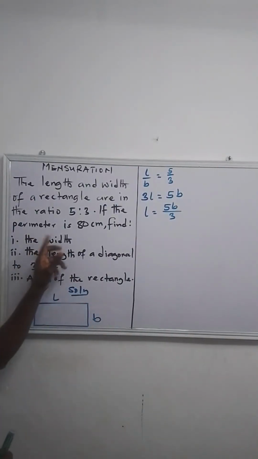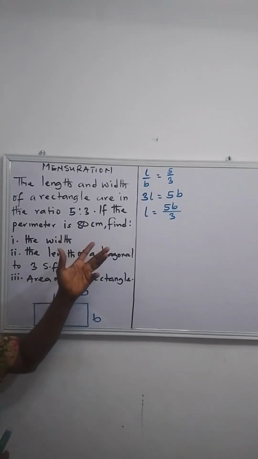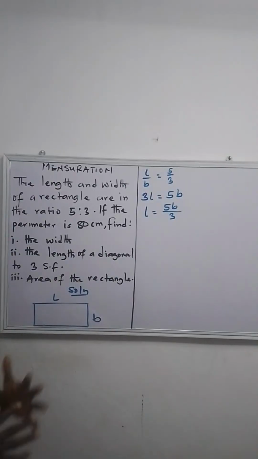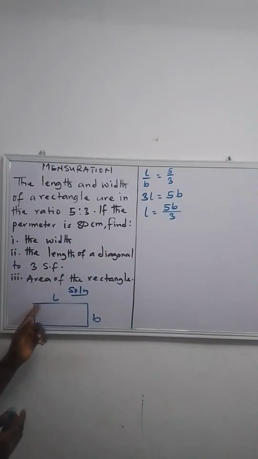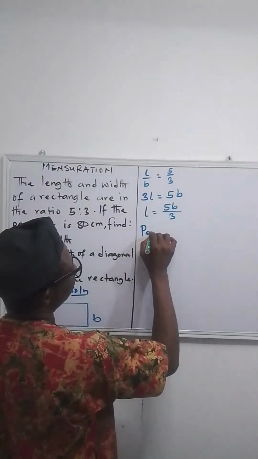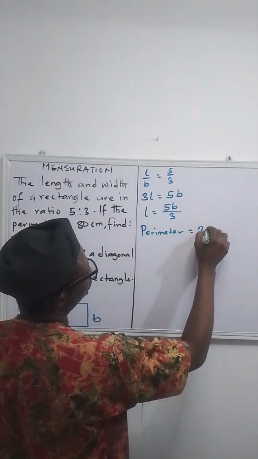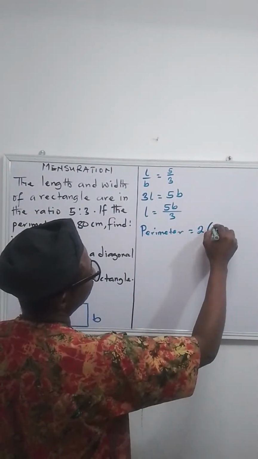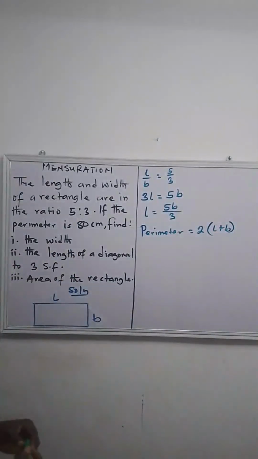But when you look at the question, we are given that the perimeter is 80 centimeter. So I need to quickly recall the formula for calculating the perimeter of a rectangle. That is the addition of all the sides, and that is the same thing as perimeter of a rectangle equals 2 times (L plus B), length plus width.